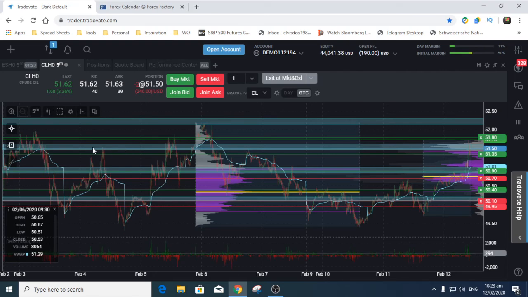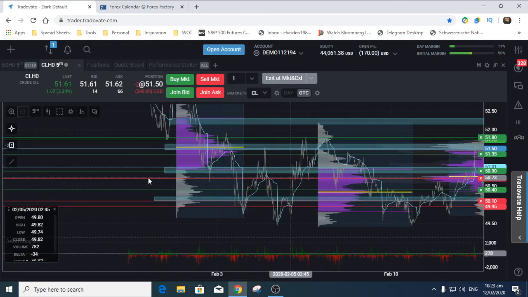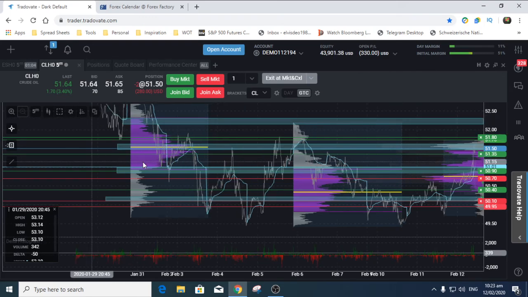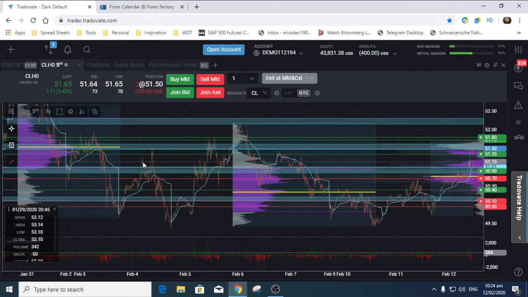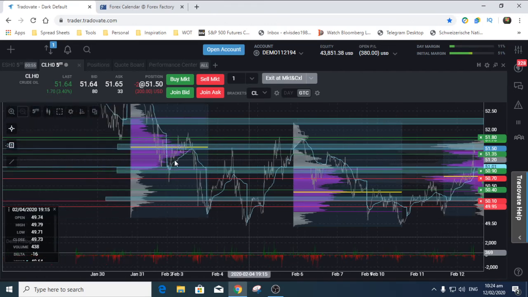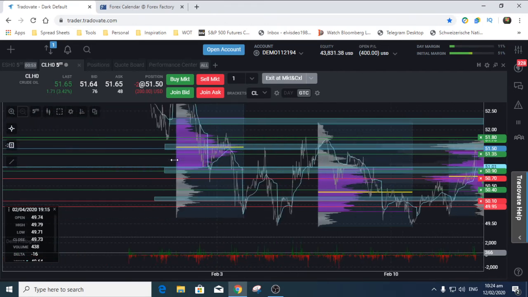Right there. 55. Maybe cover that entry. 52.32 is your last sell you want to take if you get plowed. It is the MC point of control, the big MC point of control.